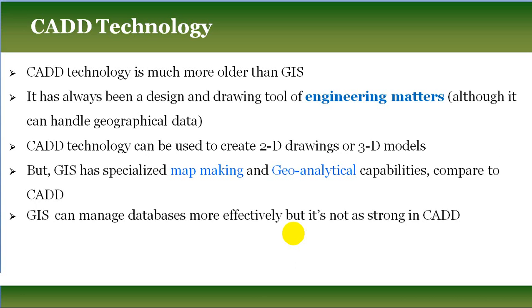And in the same way, GIS technology also realized that we have to incorporate many more CAD capabilities. And in such a way, the differences between CAD and GIS will start to diminish, because both technologies try to incorporate each other's capabilities.